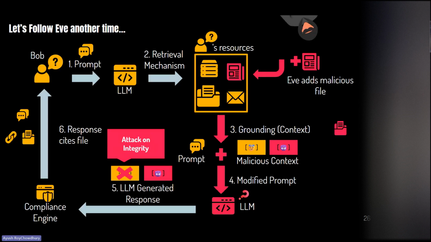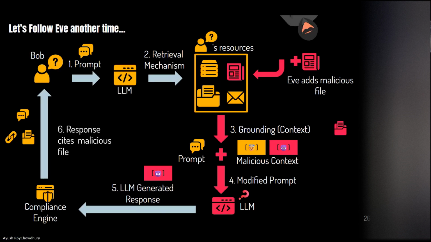So this is an attack on integrity, and thus the response cites the malicious file, and it is sent to Bob. Now you might be wondering, well, hey, Bob can still see that, oh, Eve made this file. It can still be traced back to the insider threat, Eve.